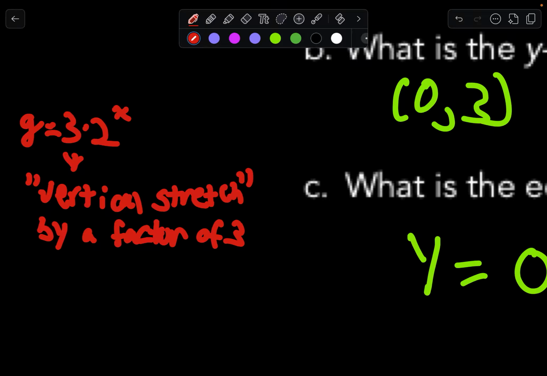That means whatever 2 to the x is, like when x is 1, that's 2 to the first, which is 2, but then we have to take that 2 and multiply it by the 3 in front, so it'll be 2 times 3 is 6. And when x is 2, you'd have 2 squared is 4, and then you triple it by multiplying by 3, and that'd be 12. And so we're stretching the graph.